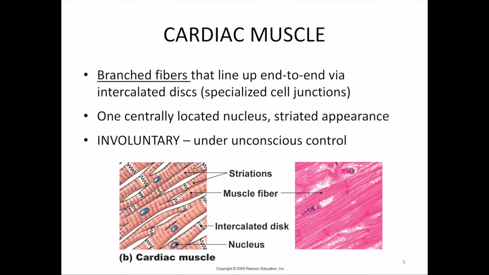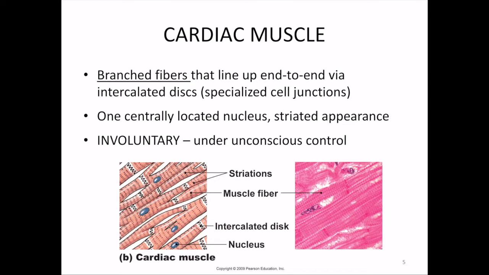So you can see you have a branched pattern over here. Again, they're short and they exhibit a branched pattern, and what they're going to do is connect up with neighboring cardiac myocytes.